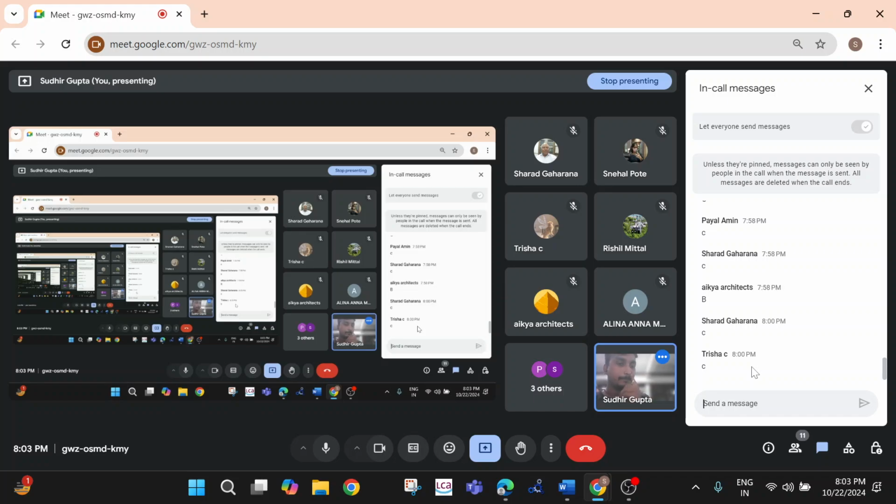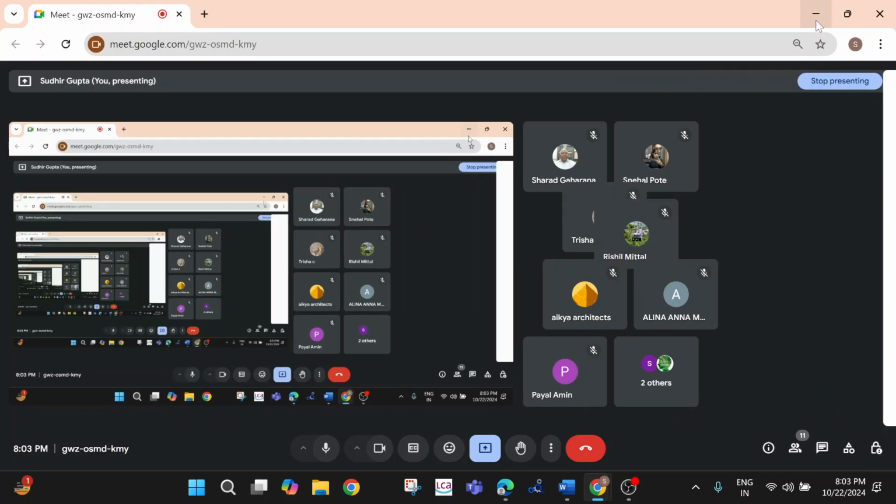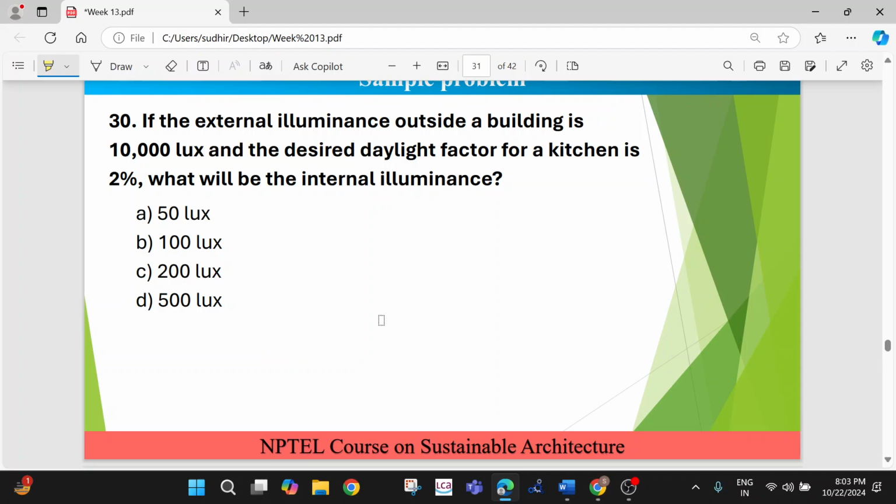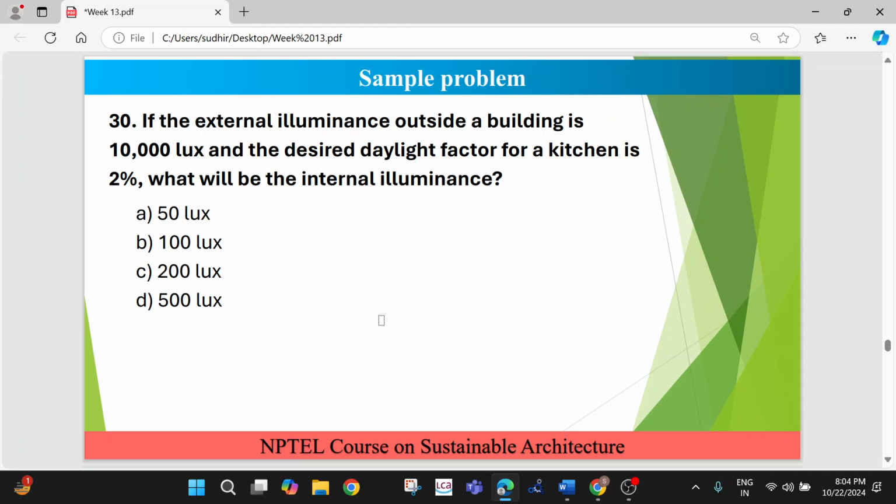Most of you are answering C, I think. Let's wait for others to calculate an answer. If all of you have answered correctly, then we will move to the next question.